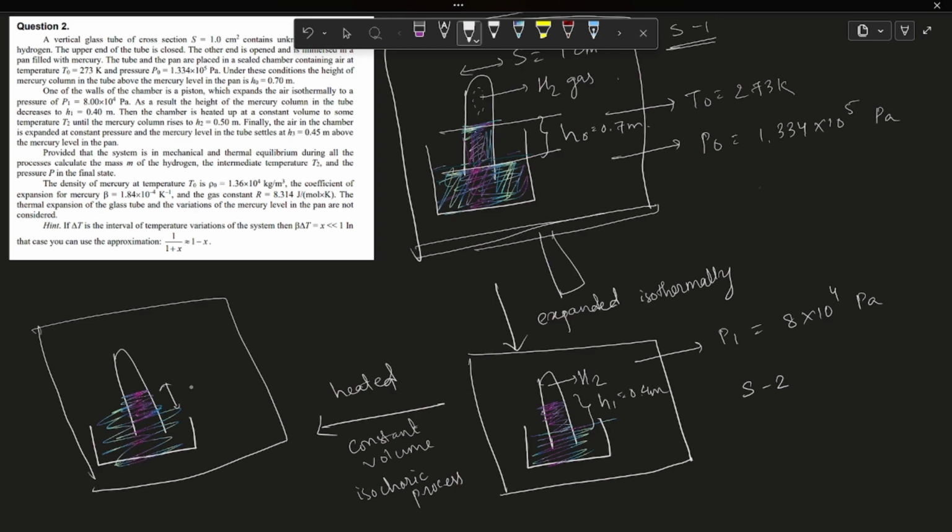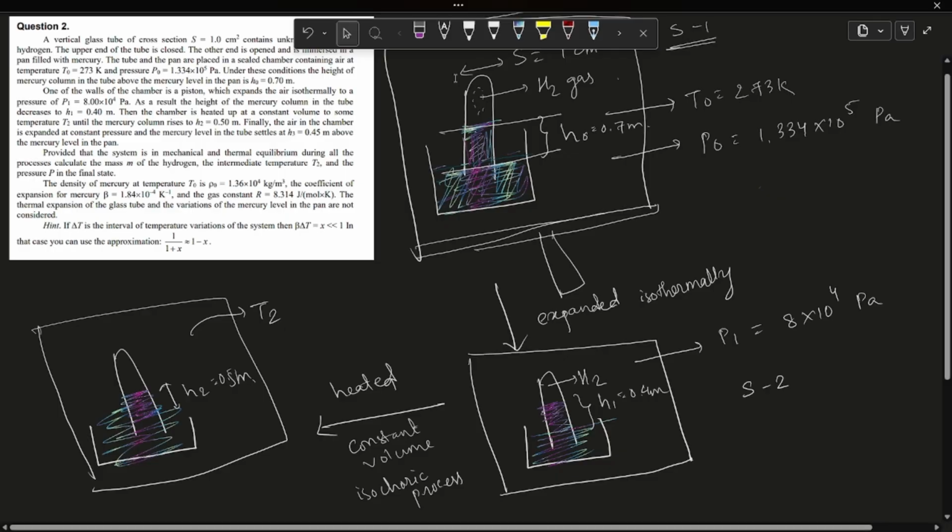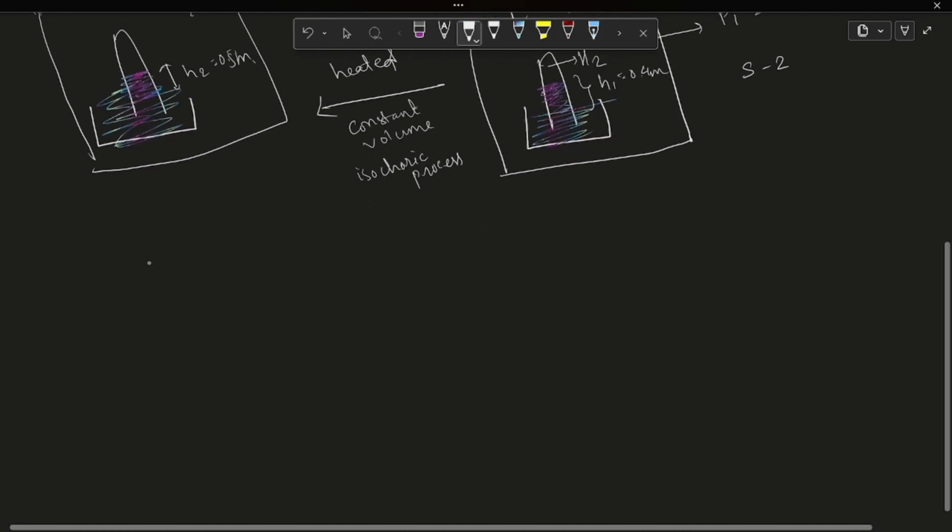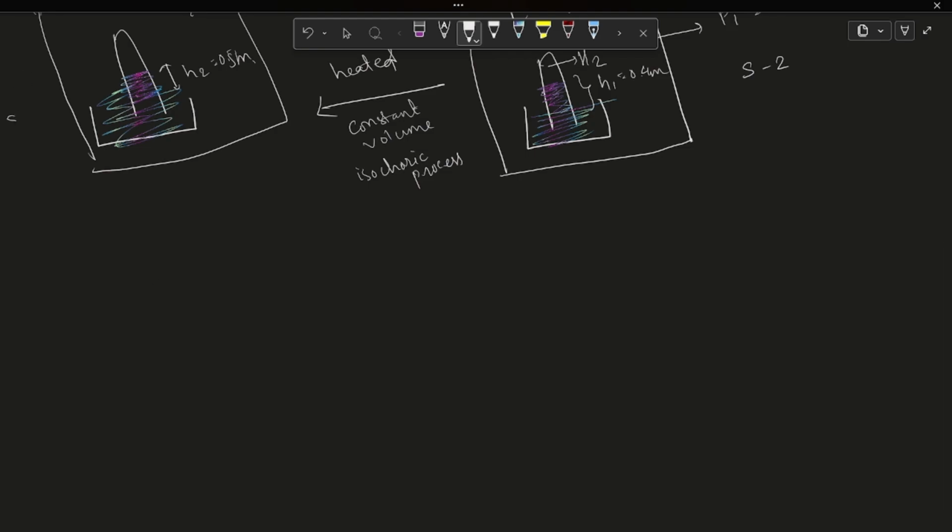Let H2 be given as 0.5 meter and the temperature is changed. This is given as T2. Okay, right? Then finally, the air in the chamber is expanded at constant pressure. That means isobaric process. And the mercury level in the tube settles at H3, 0.45 meter above the mercury level in the pan. Okay, this is scenario 3, right?